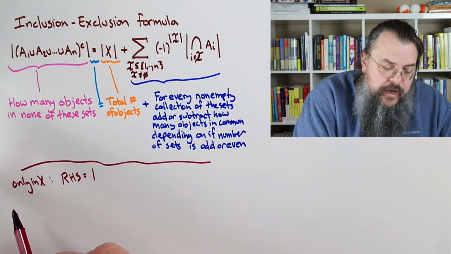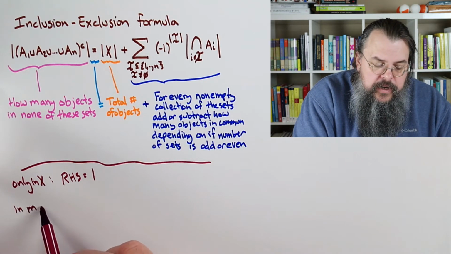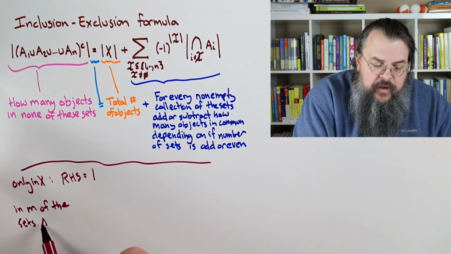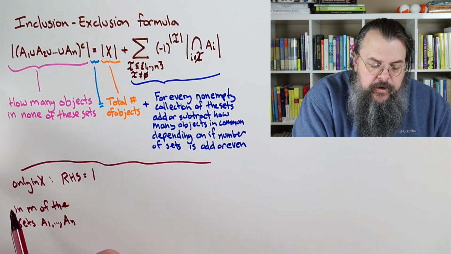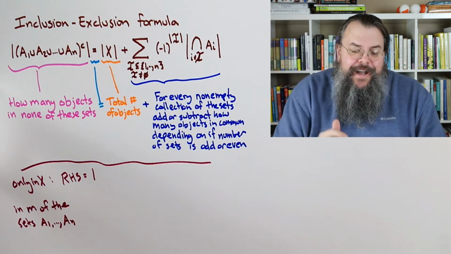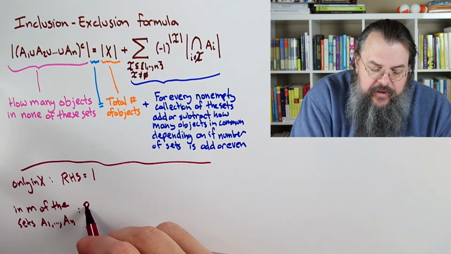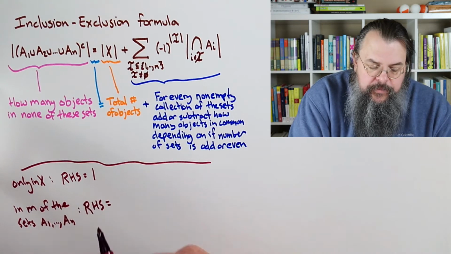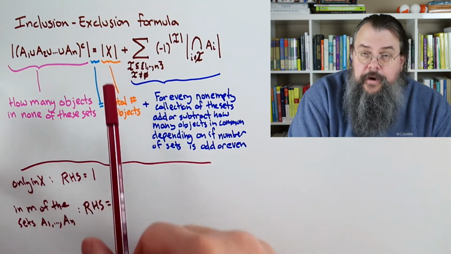Now suppose we're in M of these sets, A1 up to AN. How many times will we be counted on this right-hand side? Well, we're counted here once.